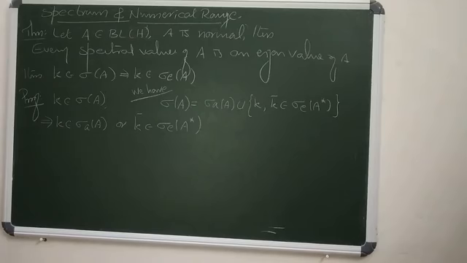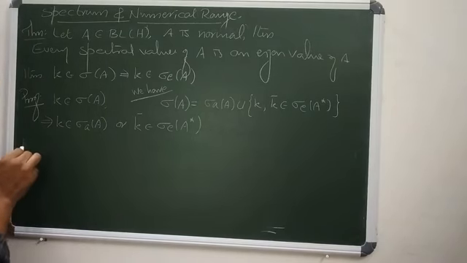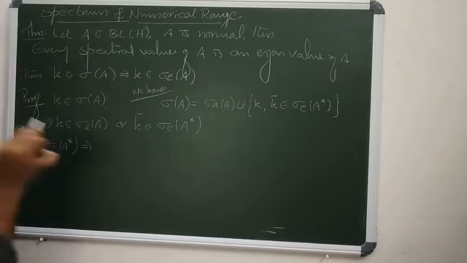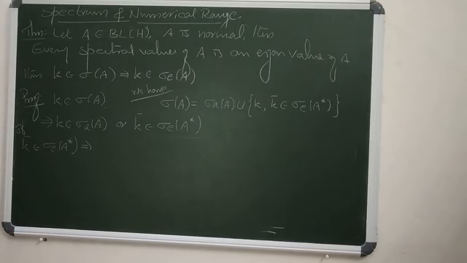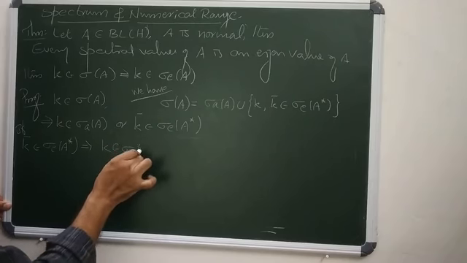Now consider this argument. If k bar following sigma E of A star, that means k following sigma E of A. Why?